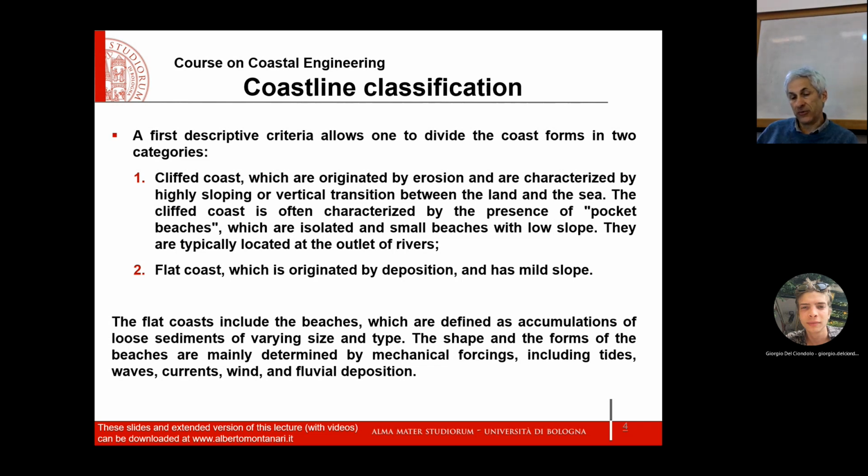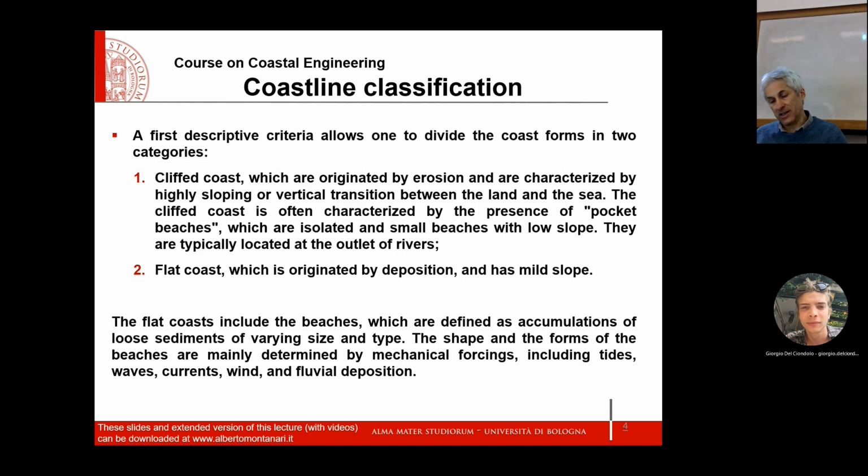And the cliffed coast is often characterized by the presence of pocket beaches, which are located typically in correspondence of the estuary of rivers, even small rivers, small creeks.